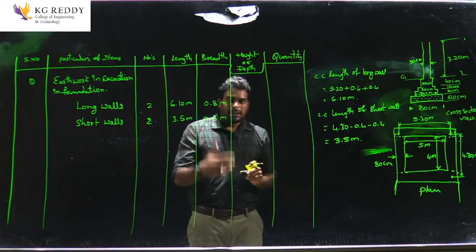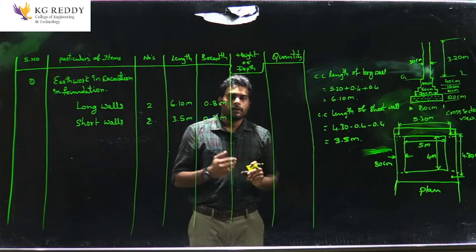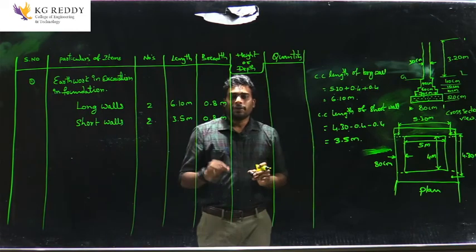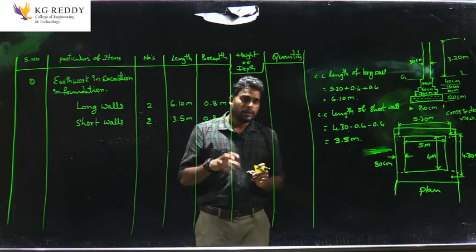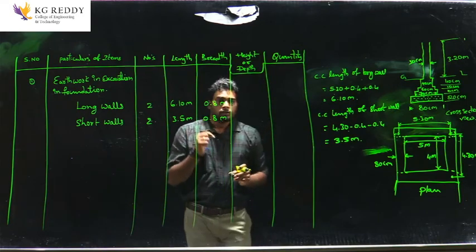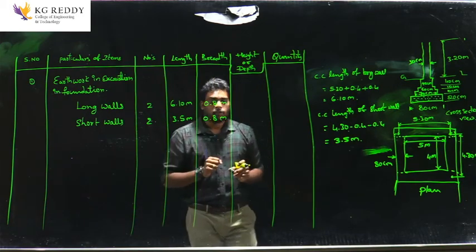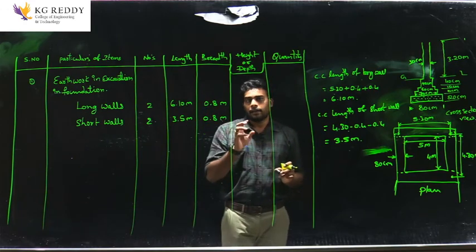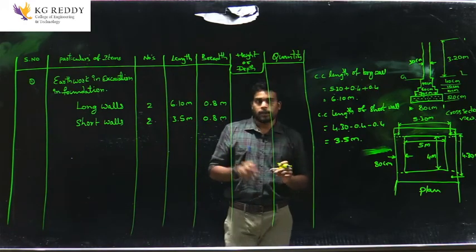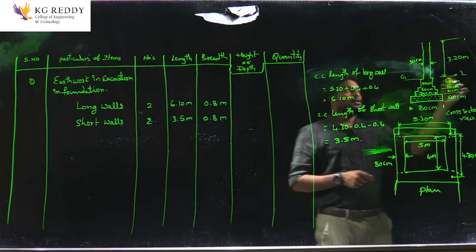Excavation means we are digging the soil from ground level, so it definitely has depth, right? Now we are going to find out the depth of the excavation. Generally we excavate from ground level. See, this GL is the ground level.